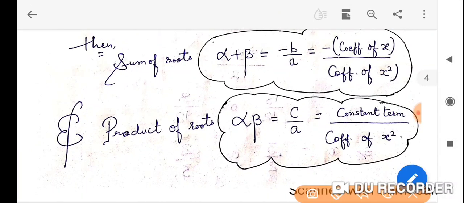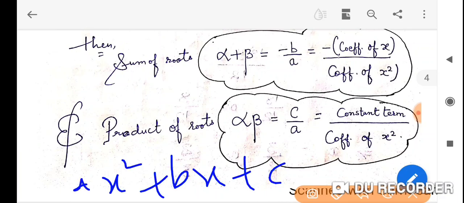Since our standard equation is ax square plus bx plus c equals 0, the coefficient of x square is a, coefficient of x is b and the constant term is c. Hence, the sum of roots alpha plus beta comes out to be minus b by a. And the product of roots, that means alpha into beta, equals c by a, equals constant term divided by coefficient of x square.